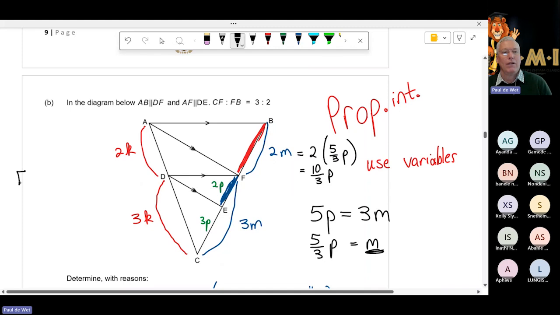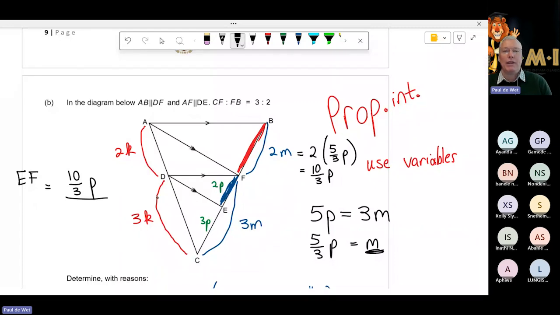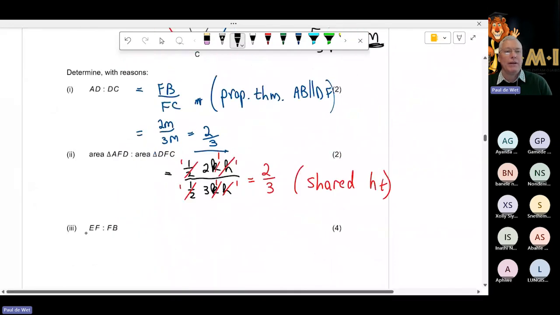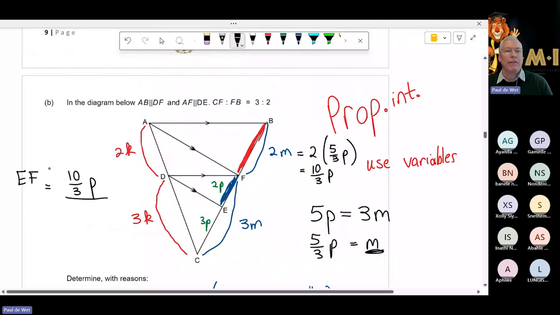EF equals 10 over 3p? Oh no, EF's not 10 over 3p. FB's 10 over 3p.